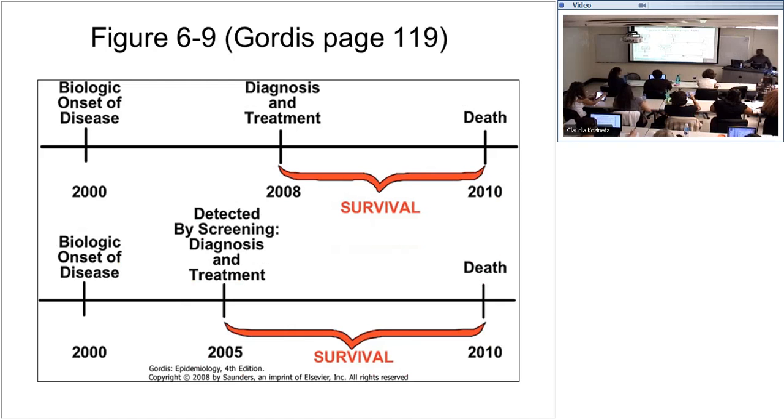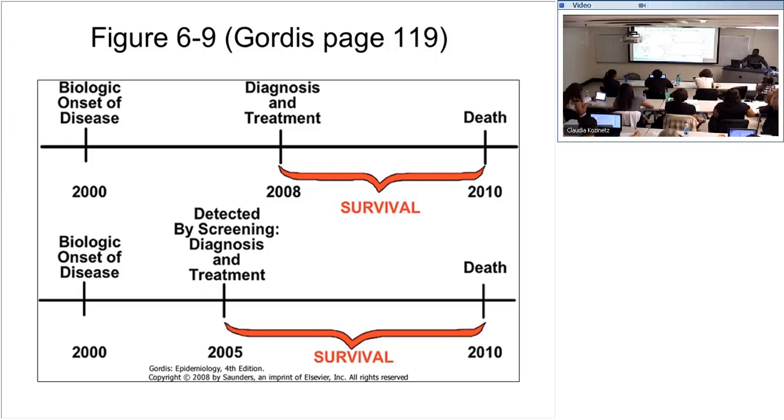In the second example, this person also had the cancer onset at the same biological time. But he was very lucky because in his city there was a screening program. He attended the screening program, and in 2005, he was diagnosed with the cancer and was treated. But in 2010, he died. So we assume he lived longer than the other one.